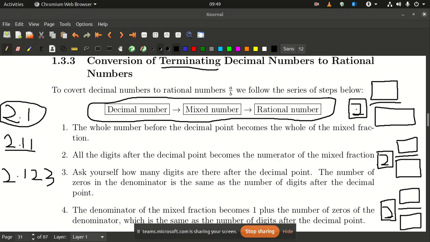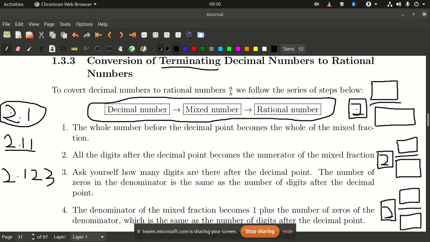If you have this decimal here, you just take this whole part and put it here. Anyone who's not getting that part? Oh, people joined the class and then they slept. I'm speaking to myself. No, sir. Okay. Do you get how to get this 2 here from a decimal?